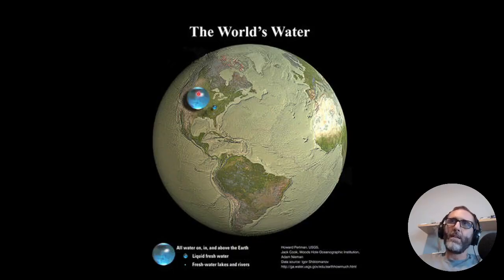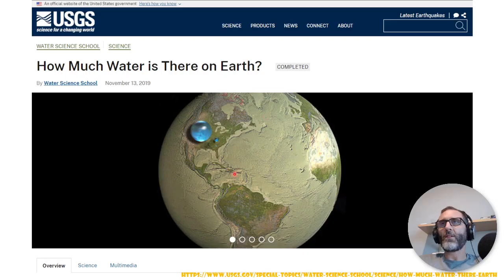Here we have these little droplets that represent liquid freshwater and freshwater lakes and rivers, but combine all three together and you have all the water in the world. And this is on, in, and above the Earth, so this would be in the air, in the clouds, the atmosphere. The source for this is USGS, the United States Geological Survey, and here's the URL if you want to go there yourself and verify that this indeed did come from there.